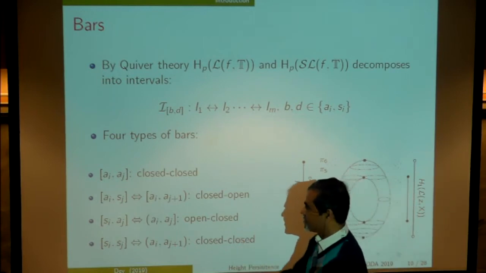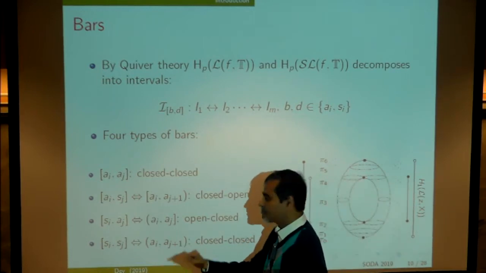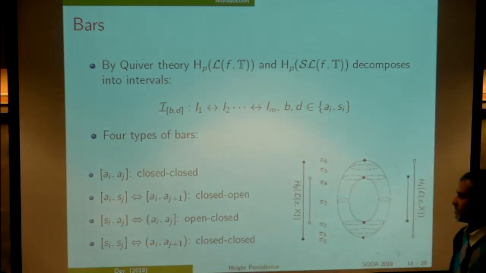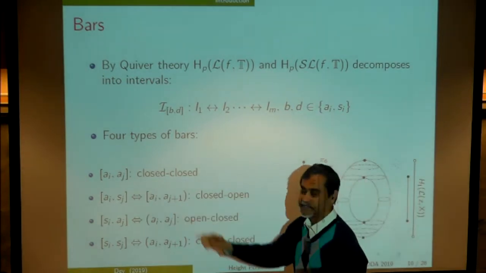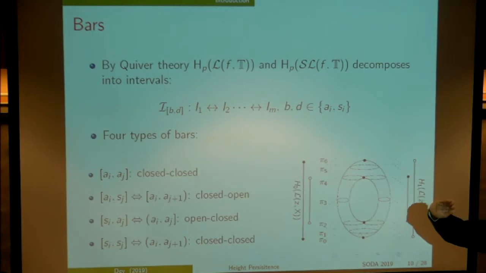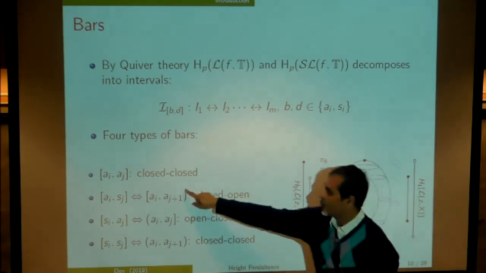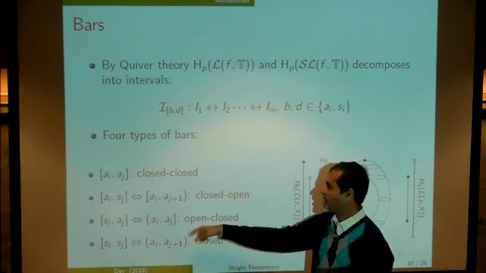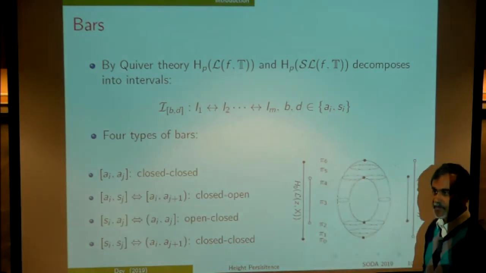But it can happen that the interval I have gotten is between a_i and s_j, where s_j is an intermediate value. You convert it to a_i to a_{j+1}. So I extend it to the next critical level, but then you make it open on the right side because it does not exist exactly at a_{j+1}. I call it closed-open.